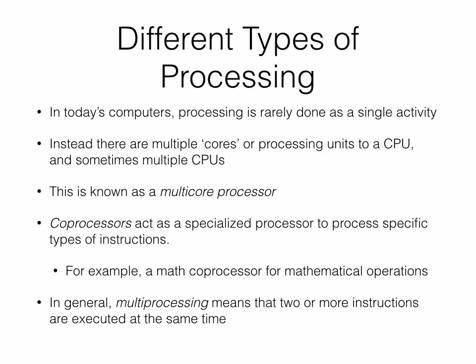Part of this multi-core processing architecture is the notion of specialized processors to process specific types of instructions, and we call these coprocessors. A very common type of coprocessor is a math coprocessor, which is specifically for mathematical operations.